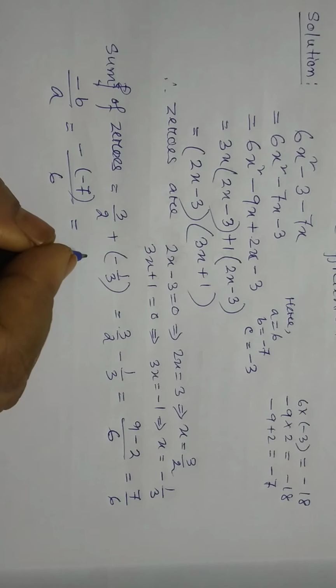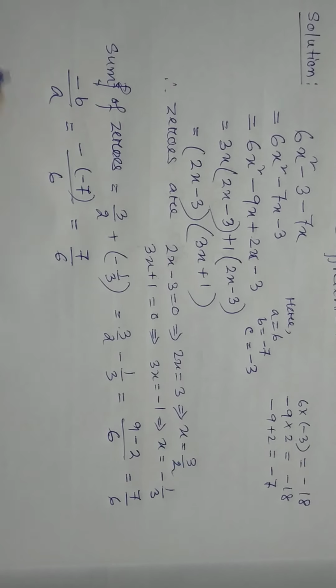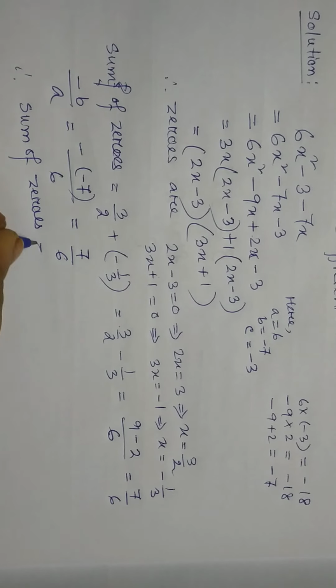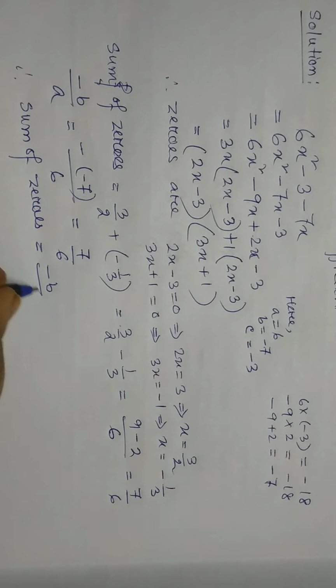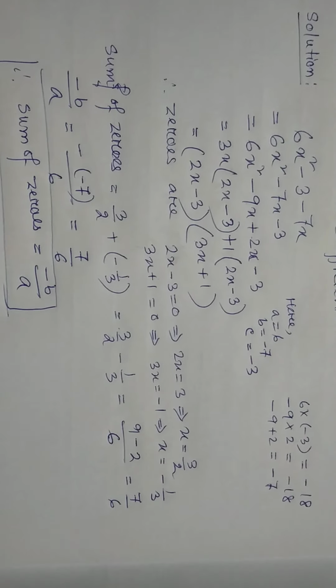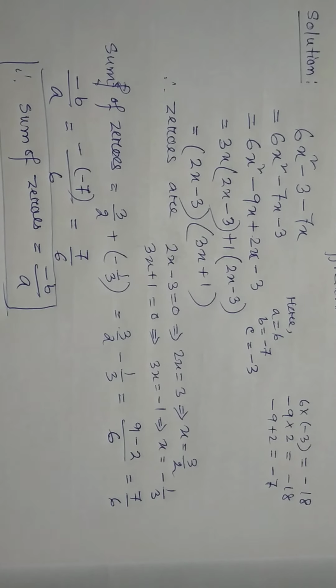That's why this one also 7 by 6. Therefore sum of zeros is equal to minus b by a. One is verified.